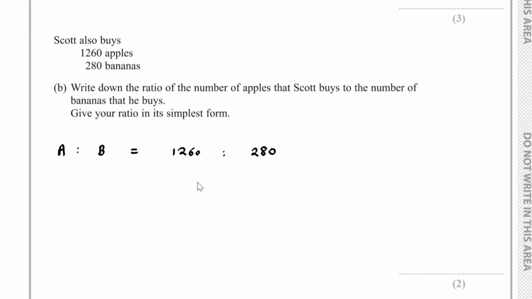And if we divide both sides by 10 first of all, we get 126 to 28. And now we can divide both sides by 2. So if I divide both sides by 2, we get here 63 to 14.